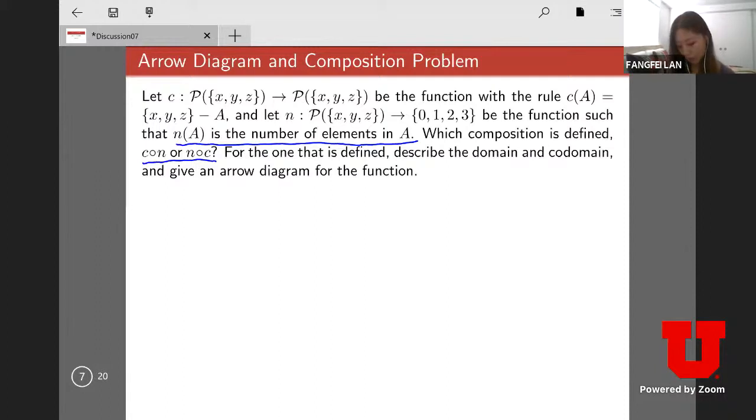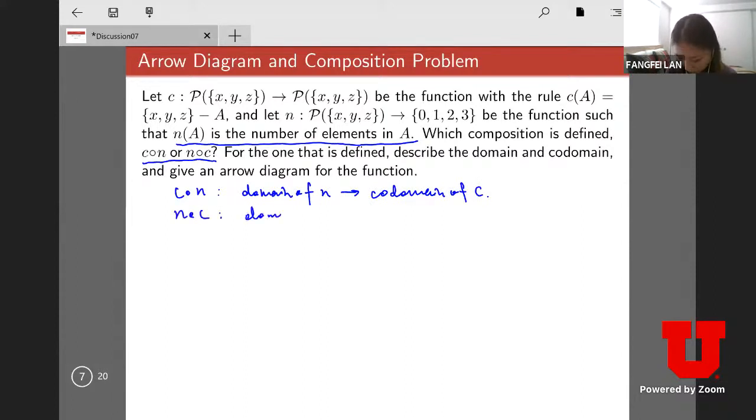So if we want a composition, think about it like this. If we have C of N, C composed with N, then this is a function that goes from the domain of N to the codomain of C. The other one goes from the domain of C to the codomain of N. The inside one gets unpacked first.